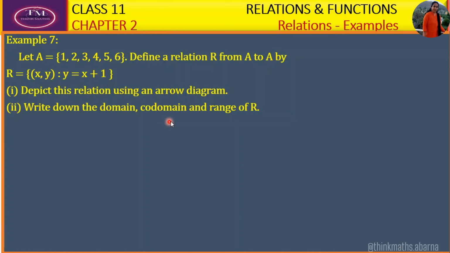Okay, children? Now, first let us use the arrow diagram to show. To show the arrow diagram, we should find out the ordered pairs for this relation. They gave the relation in set builder form, so let us convert this set builder form to roster form.